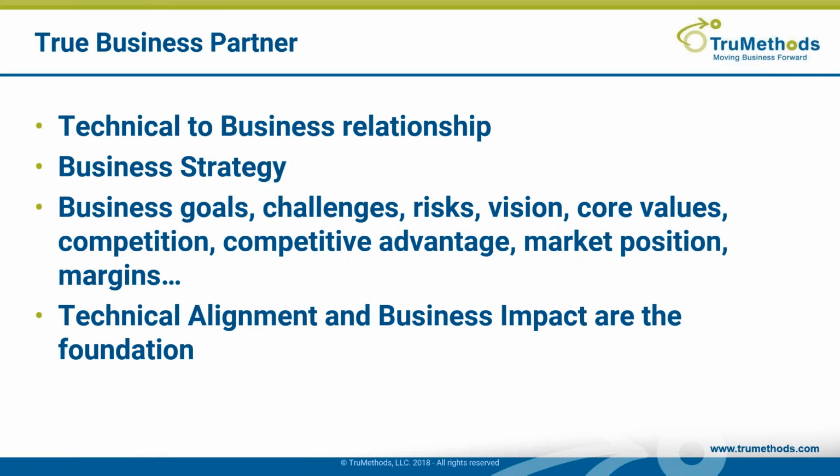It's almost the definition of being a vCIO, isn't it, Bob? Yep. Yeah. And then we're going to make the foundation of that the fact that we do technology alignment, and we're looking at the business impact of those misalignments. That's going to be the foundation of the relationship.